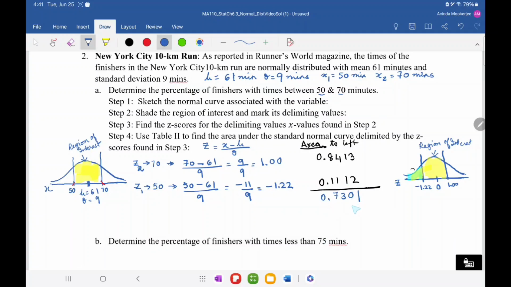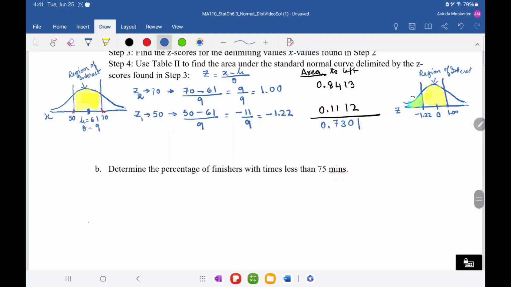So that means 73.01% of finishers finished between 50 minutes and 70 minutes. All right, so let's write it down as a sentence here.